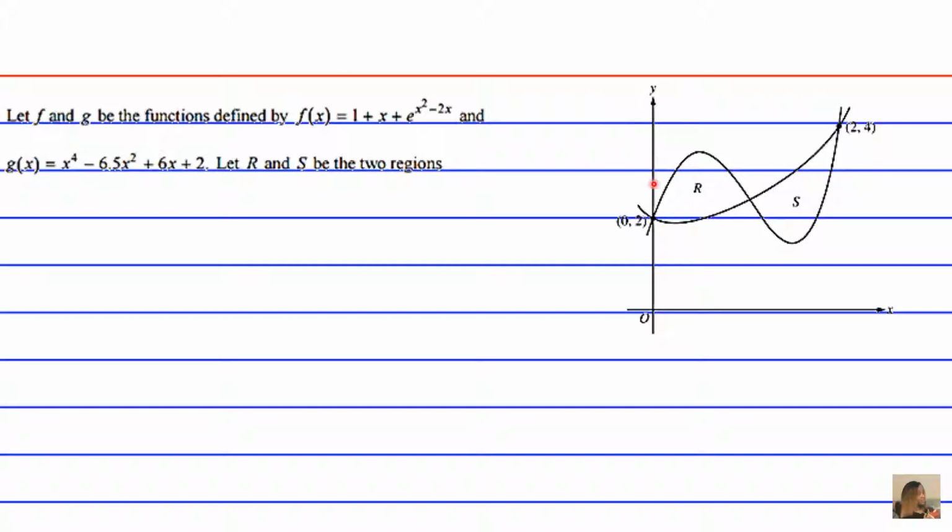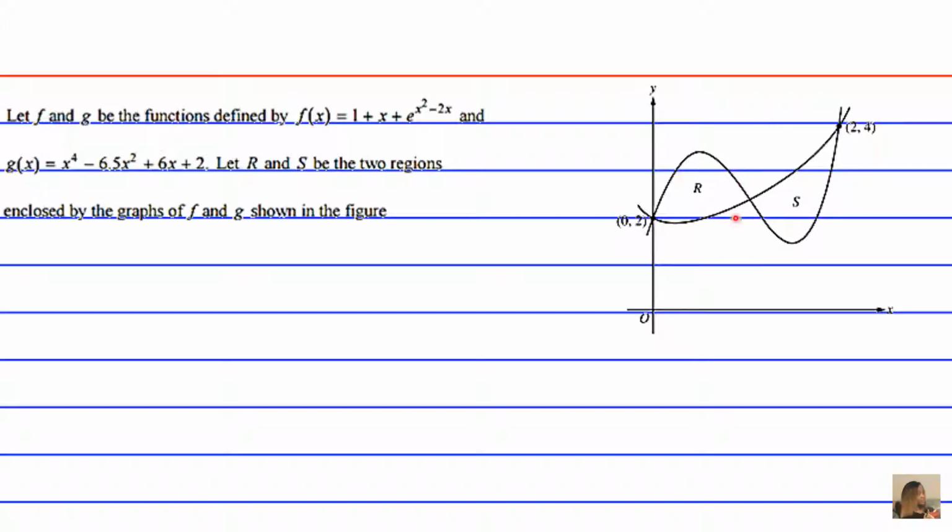All right, so this curve right here is g of x, and this one is f of x. Let R and S be the two regions enclosed by the graphs of f and g shown in the figure.